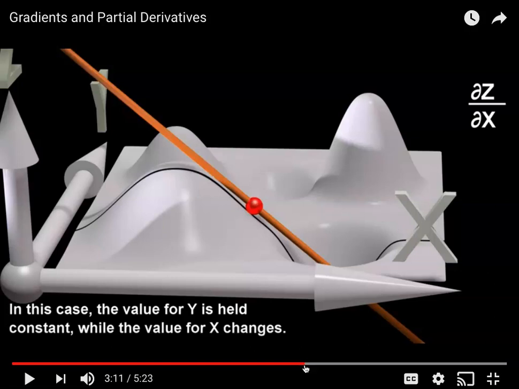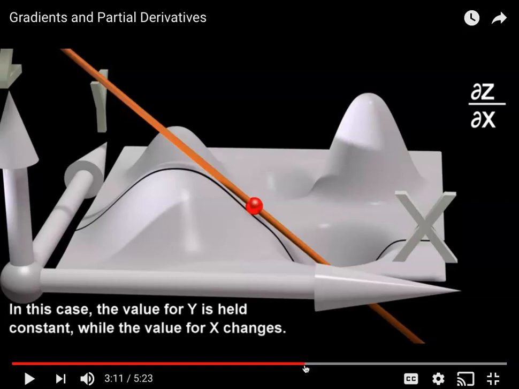So you got this general partial derivative, partial z, partial x, and what that gives you is the slope anywhere on a line that's parallel basically to the x-axis. So the slope of the line tangent to the function anywhere in the direction of the x-axis.